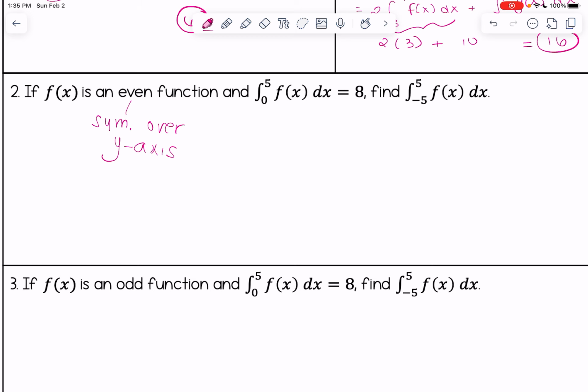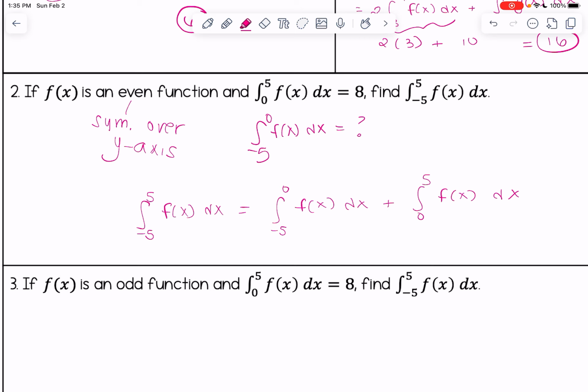And I also realized that I'm going to have to add some pieces in here. So it would be very helpful if we knew the integral from negative 5 to 0 of f of x dx. Here's why that would be useful for us to know. If we're looking for the integral from negative 5 to positive 5, using the additive interval rule from the previous page, we could say, well, that's equivalent to the integral from negative 5 to 0 added to the integral from 0 to 5.